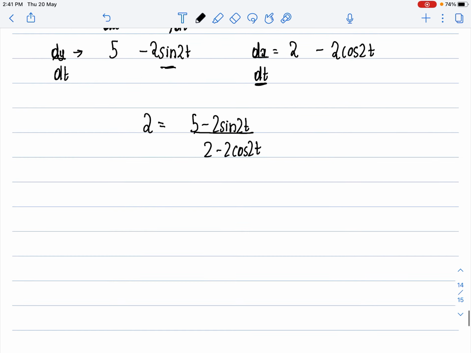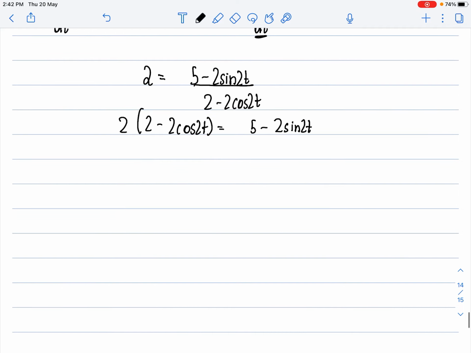So I can write this as 2 into 2 minus 2 cos 2t is equal to 5 minus 2 sine 2t. Taking 2 inside, I get 4 minus 4 cos 2t equals 5 minus 2 sine 2t.